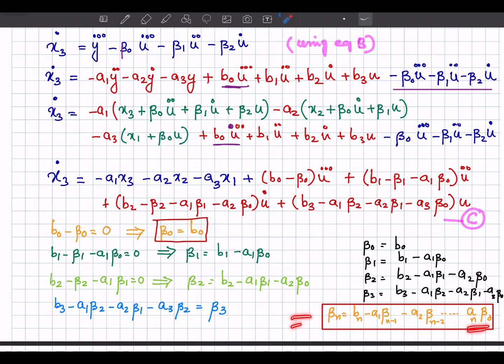So we can represent beta n with the help of this equation for the nth order differential equation. But we were discussing the third order, so we keep our discussion limited to these equations.